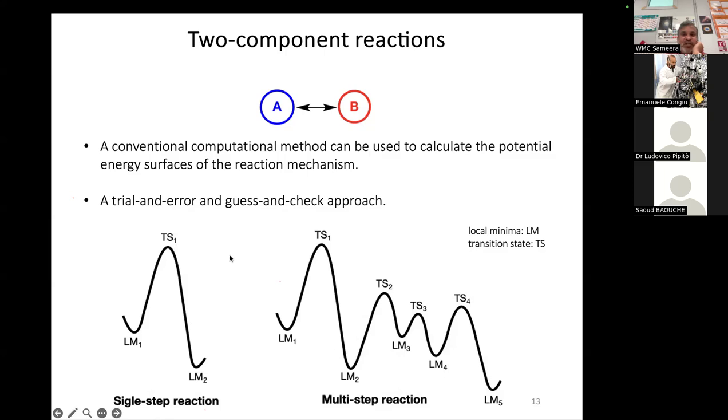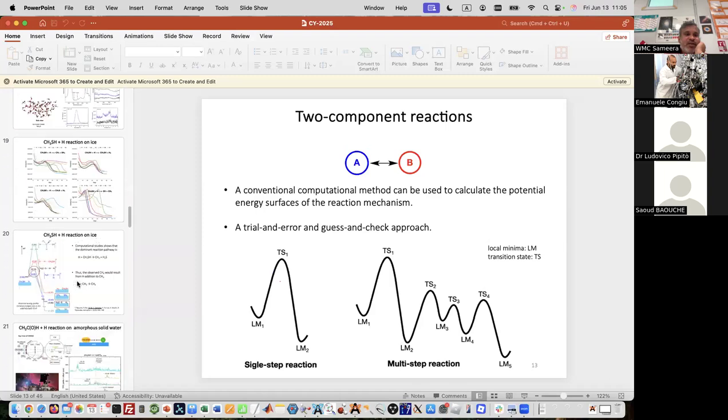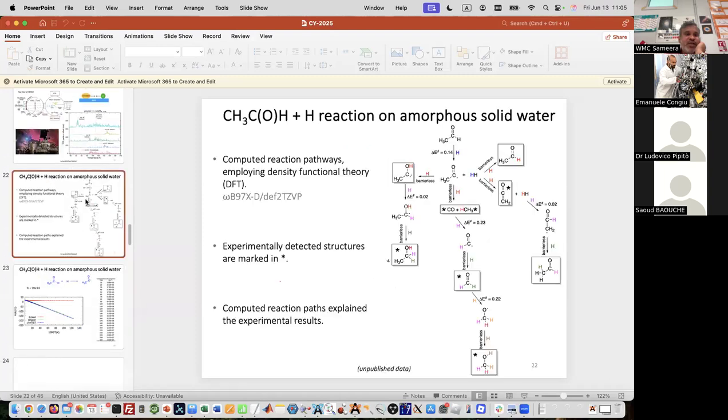Complicated potential energy surfaces. In such cases, again, you can compute step by step the reaction barriers between different possible intermediates. For example, I will show you one of the examples we investigated recently.